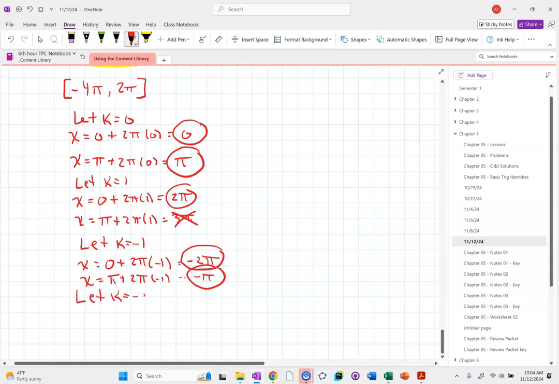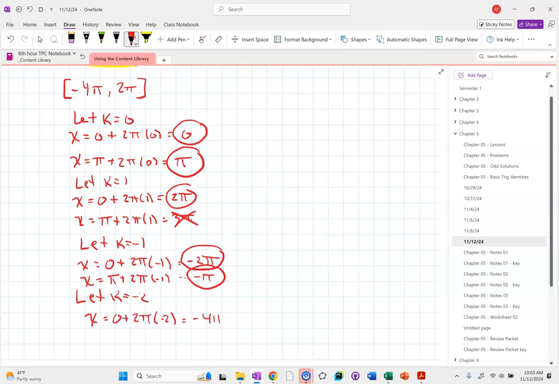Okay, so keep going. So that's going to give me negative 4 pi, and then negative 3 pi. Those are both good. Remember, negative 4 pi has the bracket on it, so that negative 4 pi still counts, right?